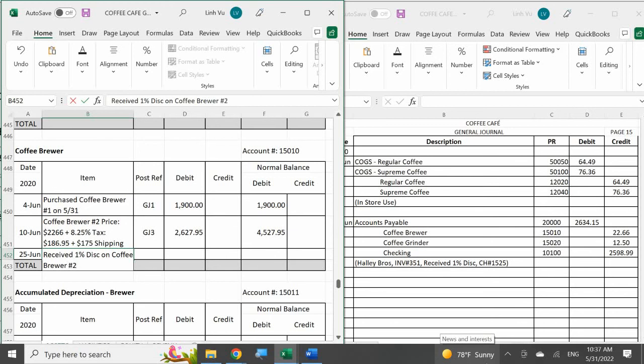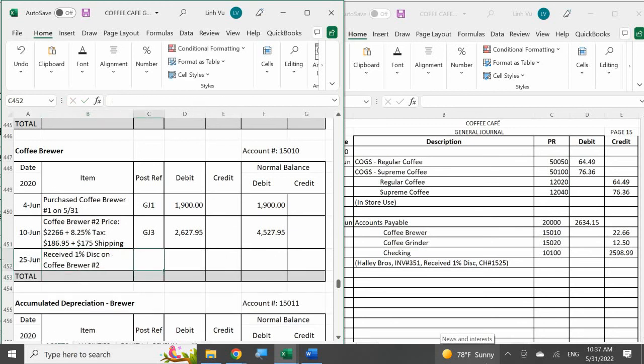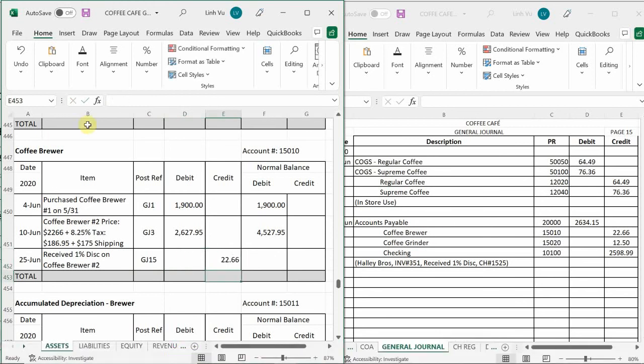Not my first coffee brewer, but coffee brewer number 2. Okay. We received a discount for $22.66, which decreased my account to $4,505.29.